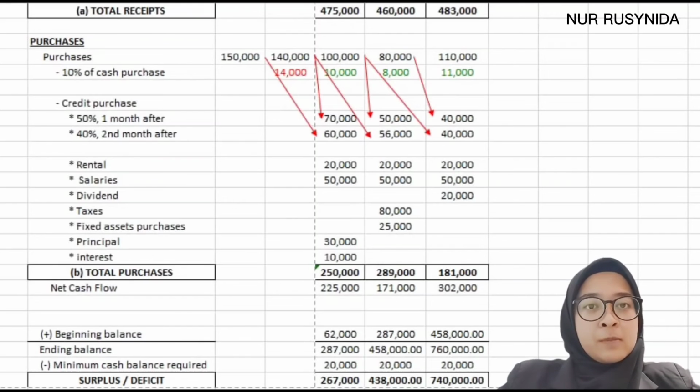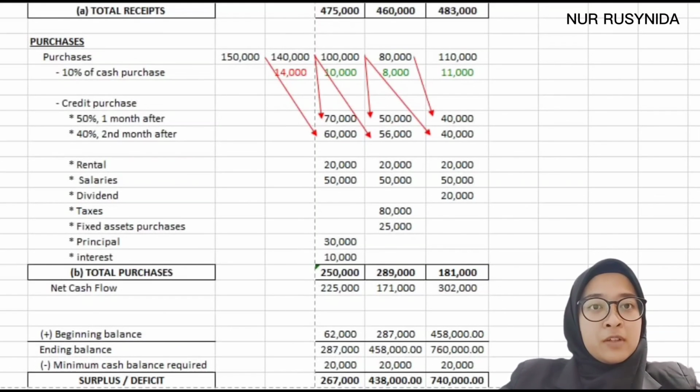The company has a beginning balance of RM 62,000 in July. This value is added with RM 225,000 to get the ending balance for July. The ending balance for July, RM 287,000, will be the beginning balance for August.